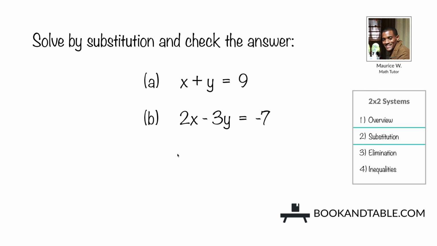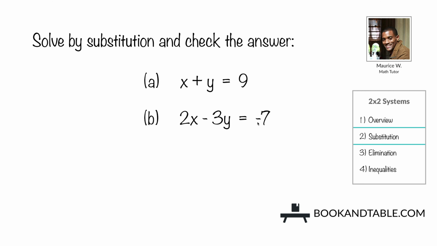But let's now walk through an example of a 2x2 system in which both equations have two variables. So solve by substitution and check the answer. Equation A, x plus y is equal to 9. Equation B, 2x minus 3y is equal to -7.